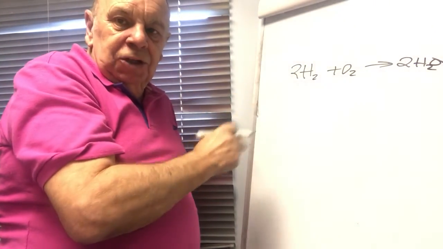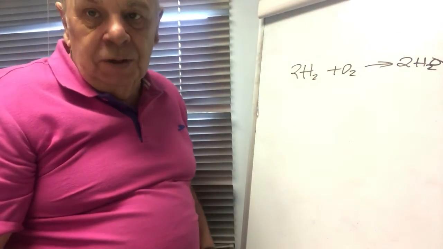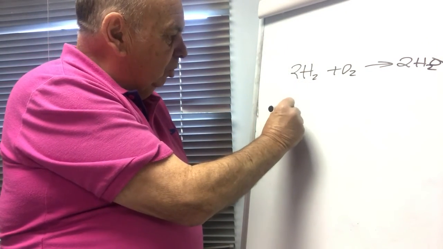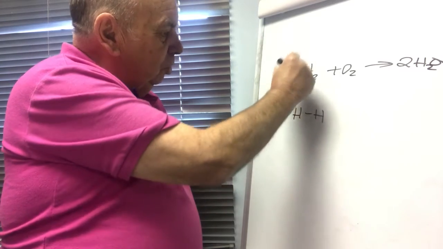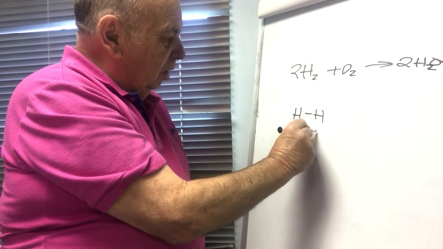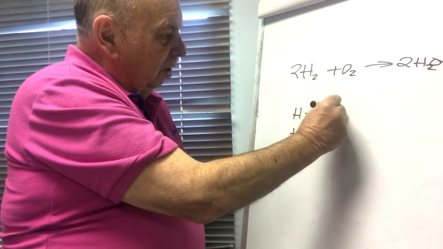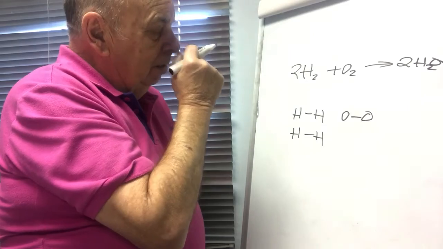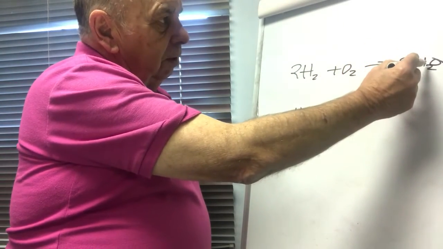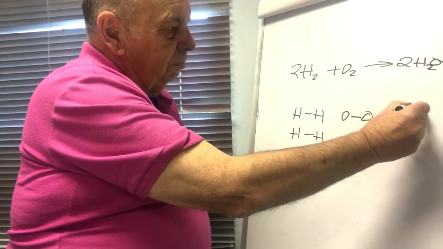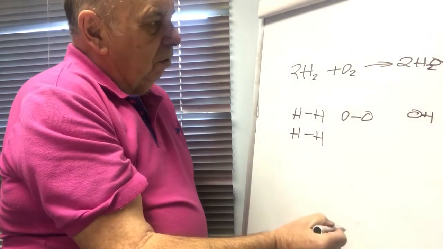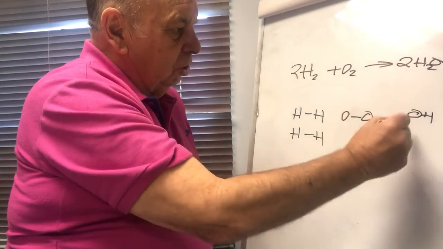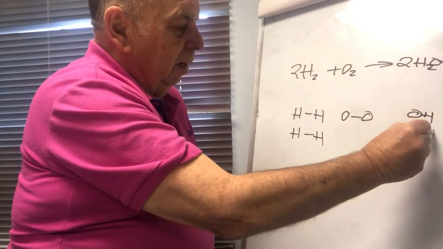The bond energy, the energy that is required to break bonds. So let's take that. I've got H and H, and I've got H and H, and here I've got O and O, and here I've got OH, and OH, and I've got H2.